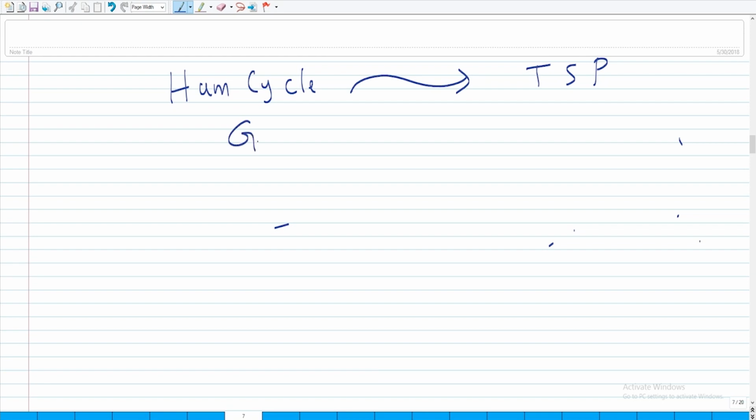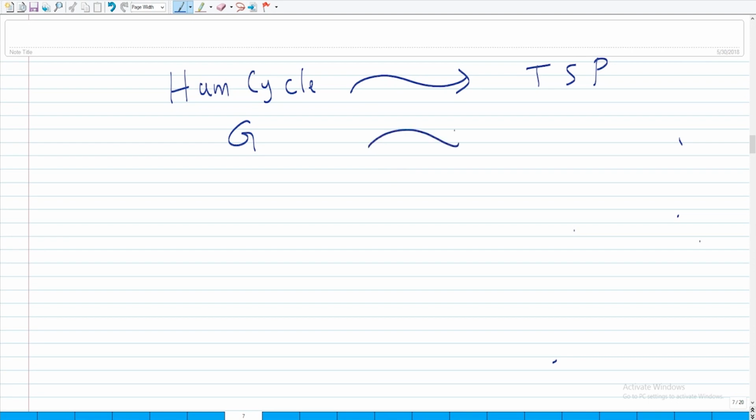So, you are given a graph where I am trying to find whether the Hamiltonian cycle exists or not. I will construct a TSP instance. What do I need for a TSP instance? I need distances on the edges. It is a complete graph with distances on the edges, right.